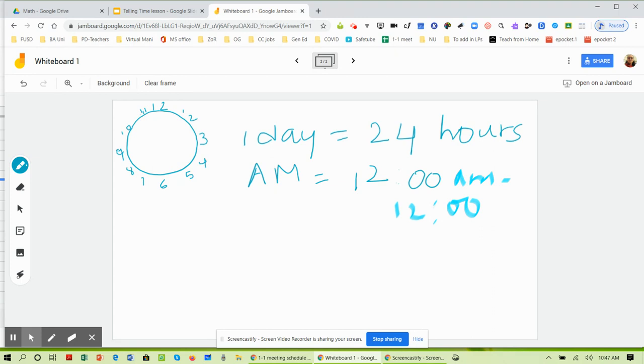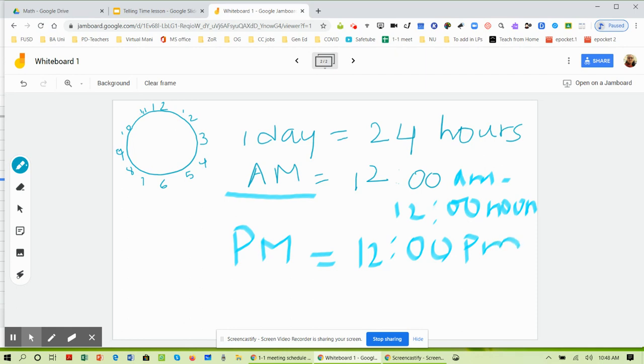PM would be mostly the next day right before lunch or something. So that's 12 a.m. to 12 p.m., one set. We call that all AM. And then PM would be in the afternoon when you eat lunch all the way to midnight, when we would probably be sleeping at that time. So that's 12 p.m. to midnight.